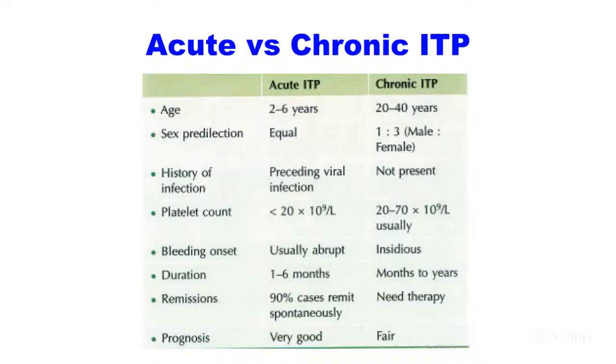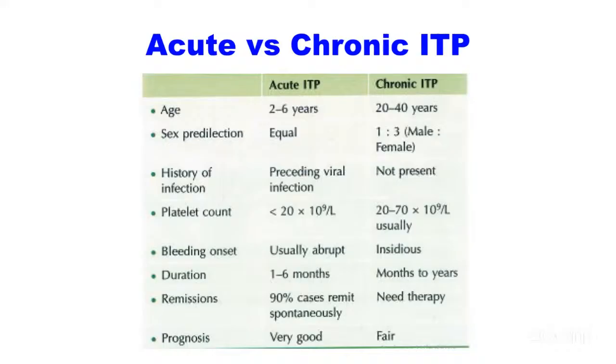Sex predilection is equal in acute ITP; in chronic ITP, females are almost 3 times more affected than males. A history of infection, particularly preceding viral infection, is usually detected in acute ITP, but in chronic ITP, no such history, though underlying causes might be there. Platelet count is usually less than 20,000 in acute ITP, and 20 to 70,000 in chronic ITP.